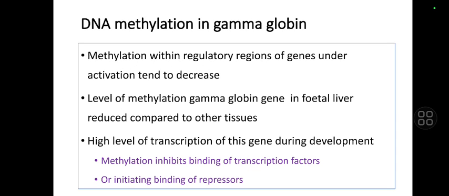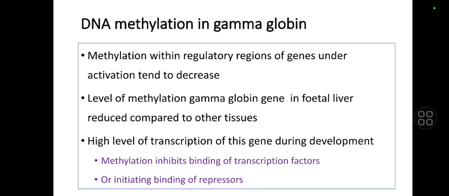One example of DNA methylation is the gamma globin gene, which is seen in fetal liver. The methylation within the regulatory region of a gene under activation tends to decrease. So usually the region of a gene to be activated will be lacking methylation compared to the other regions which should be repressed.